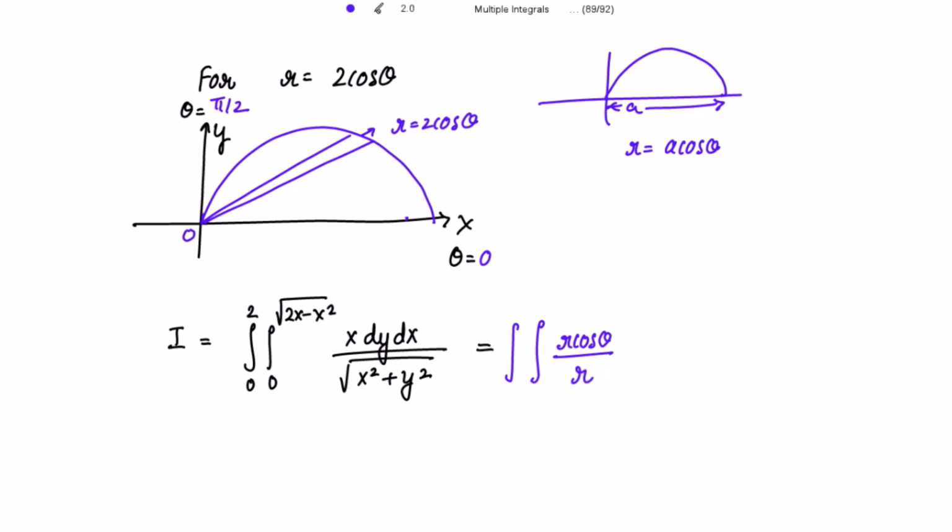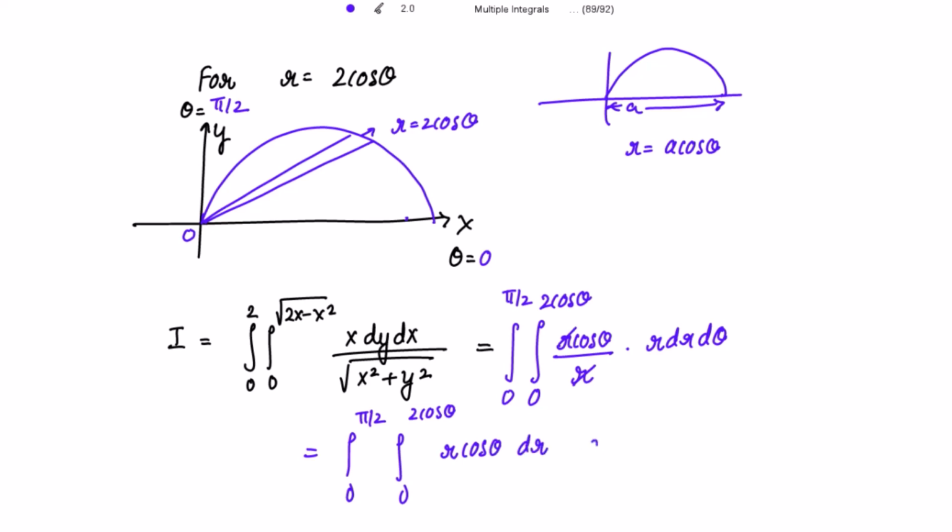So this is r, and here you just multiply r d theta for polar coordinates, writing the limits for r first, which is from 0 to 2 cos of theta, and the limits for theta are from 0 to pi by 2. And here r is cancelled with this r, so we are left with the integral from 0 to 2 cos theta of r cos theta dr d theta.